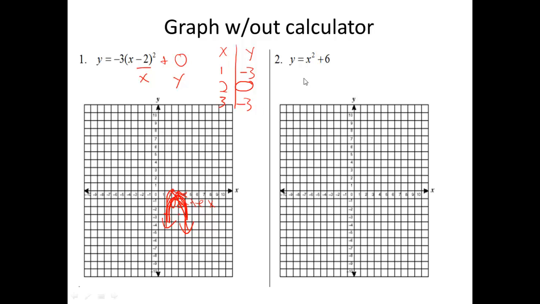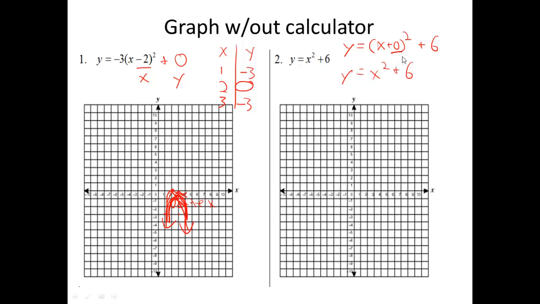Alright, looking at number 2. It doesn't look like it, but this is also in vertex form. Another way we could write this is y is equal to (x plus 0) squared plus 6. If you were to FOIL that out, you'd end up with just x squared, back with what we started with.